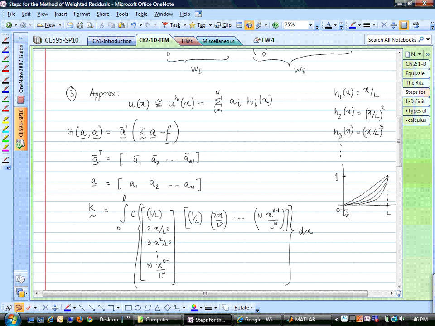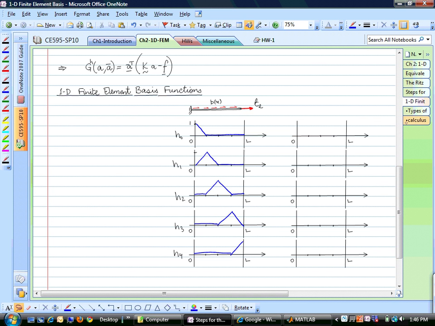Global means that they span the entire domain, 0 to L. But today, in the one-dimensional finite elements, we are choosing these shape functions in a little different way, such that they are only local. They are non-zero only in a small region.